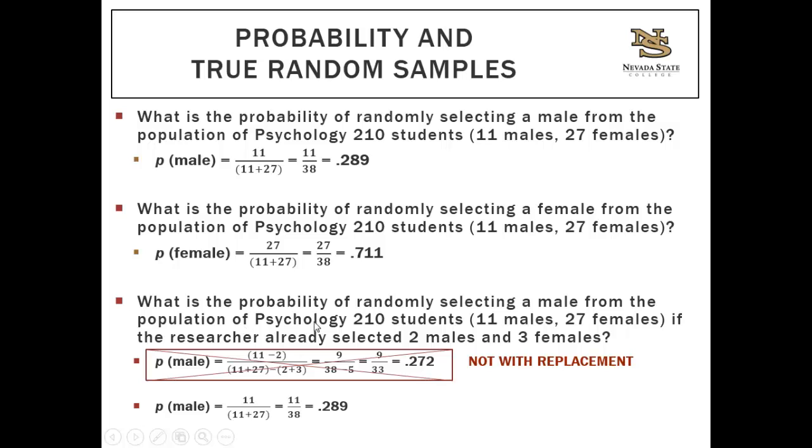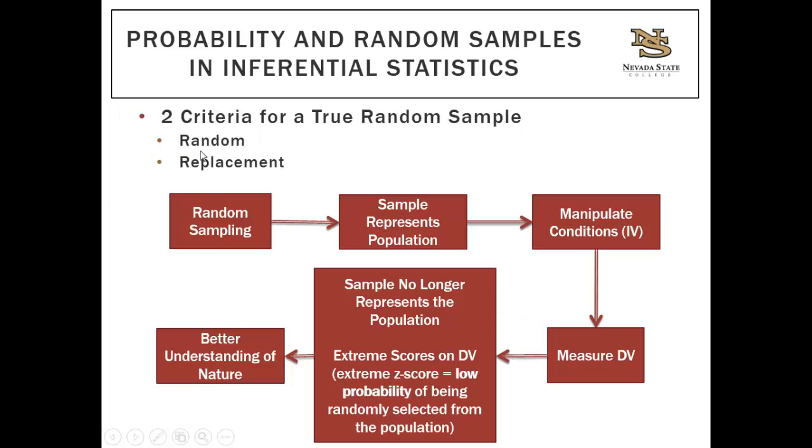So, what is the probability of randomly selecting a male from the population of Psychology 210 students, still working with the same group, if the researcher already selected 2 males and already selected 3 females? Keep in mind, any time, for our purposes, that you see randomly selected or a random sample, assume random with replacement.